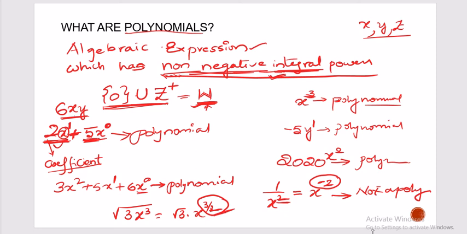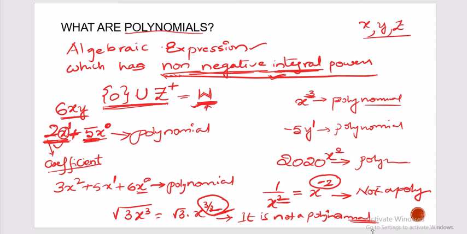So clearly it is not satisfying the definition of a polynomial. So clearly I can say it is not a polynomial. This is what you understood.